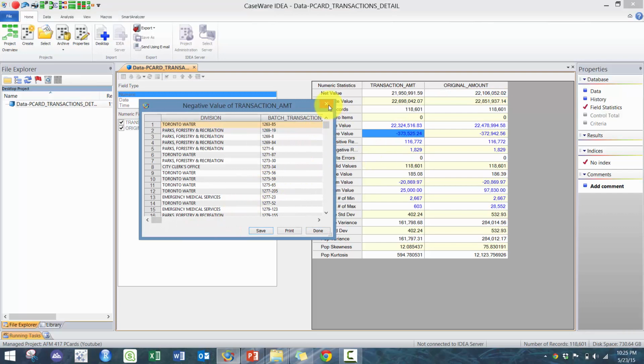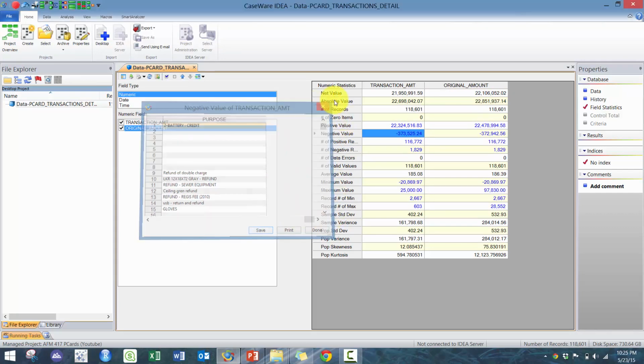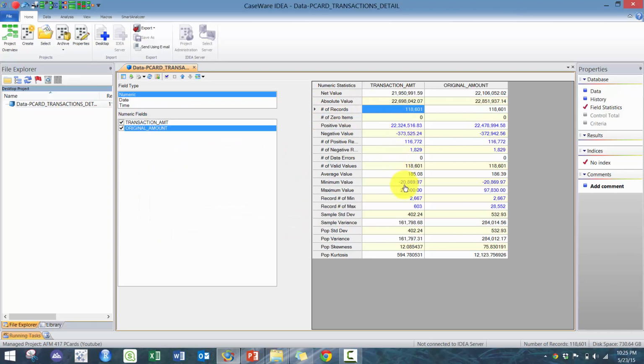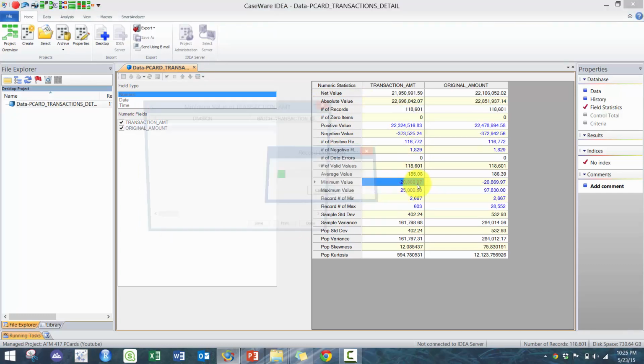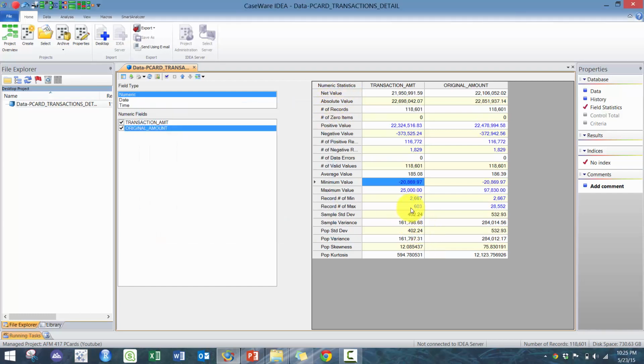You can see how many records we have, the minimum amount, who the vendor is, what cost center it went to, how much was charged. You can see this was a reversal of some charges. So there's some pretty good analysis that you can perform just based off of this data alone.